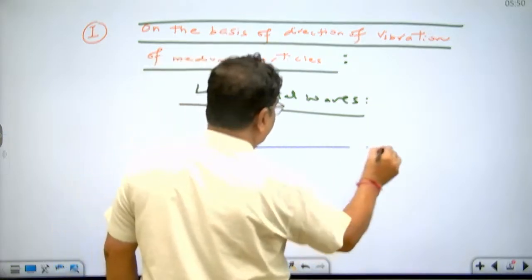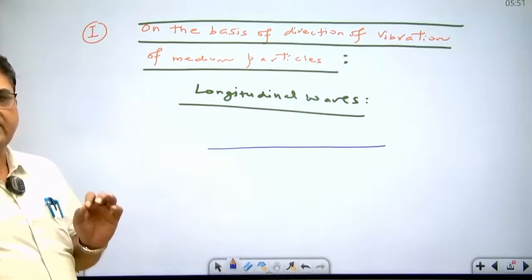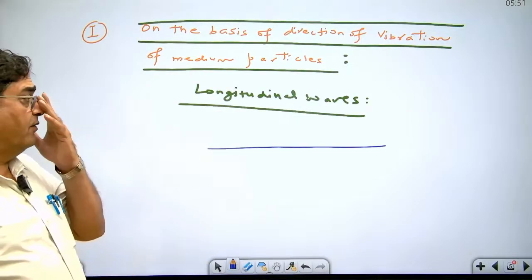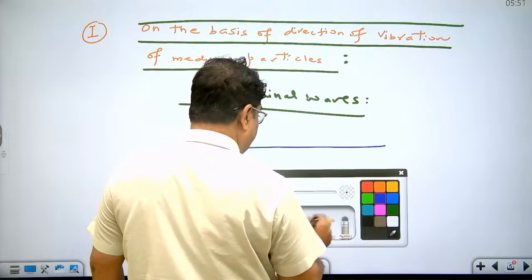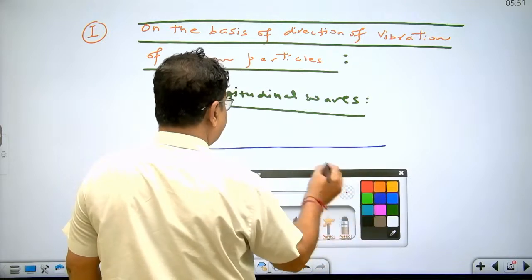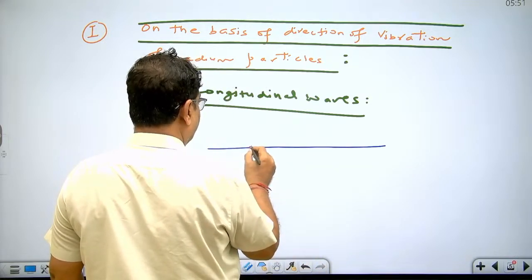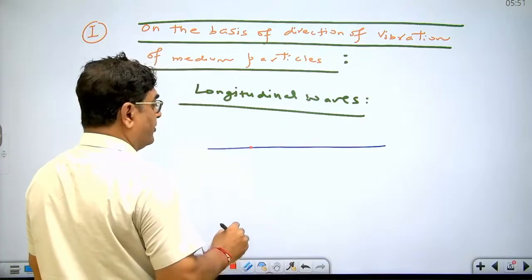Waves are said to be longitudinal waves when direction of oscillation or direction of vibration of medium particles remains in the direction of propagation of energy.